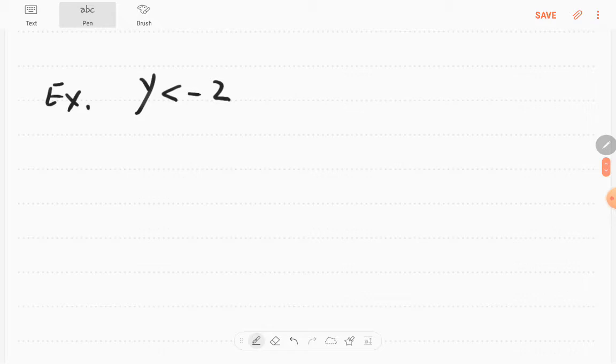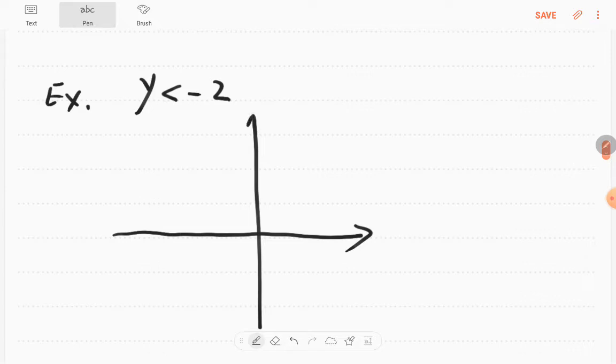The first thing we need to do is draw the graph for y equals -2. So -2 is here, right? So y equals -2. This line divides our xy plane into 2 parts, one on each side.